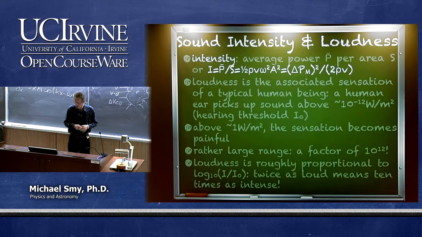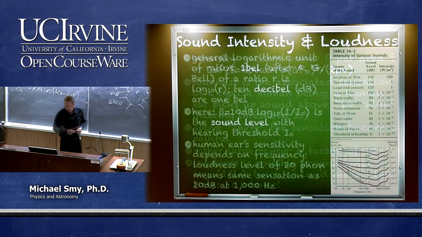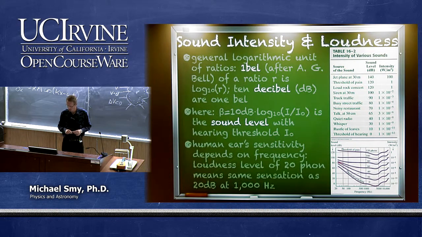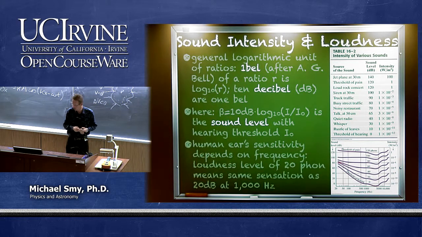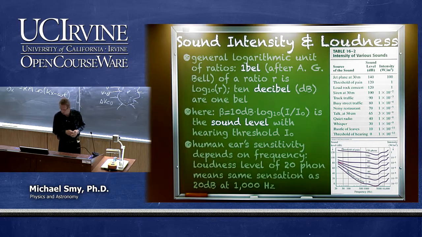And as it happens, our sensation of loudness is not so much proportional to the intensity, but it's proportional to the logarithm of the intensity. We therefore define a so-called loudness or sound level. And to do that, Bell invented a general logarithmic unit for ratios, and it's called 1 Bell.